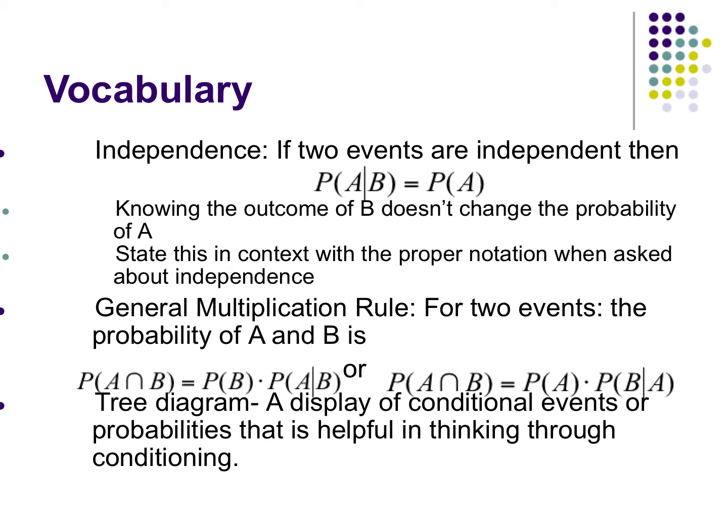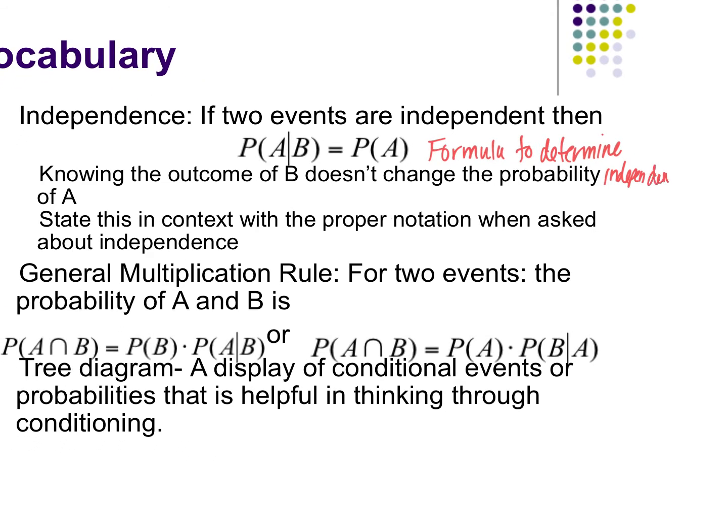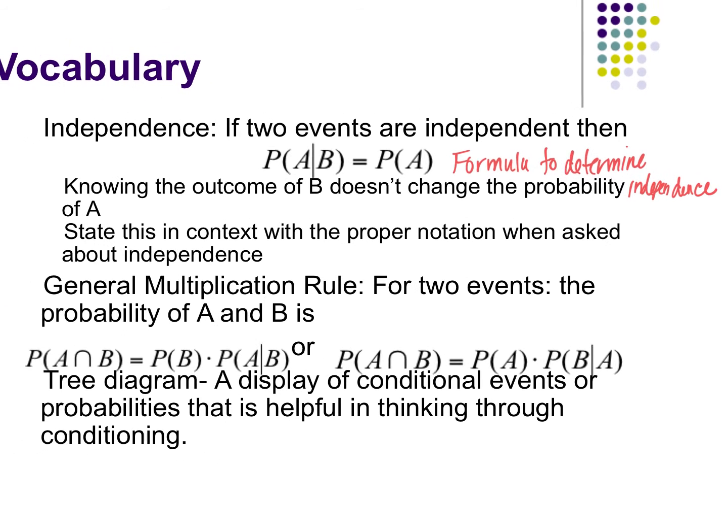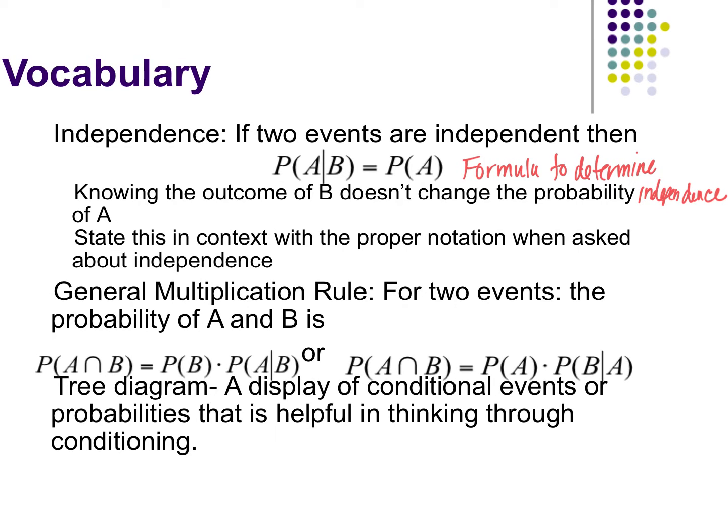The probability of A given B is equal to the probability of A. This is a formula we can use to determine independence. We must state it in context with proper notation when we are asked about that.